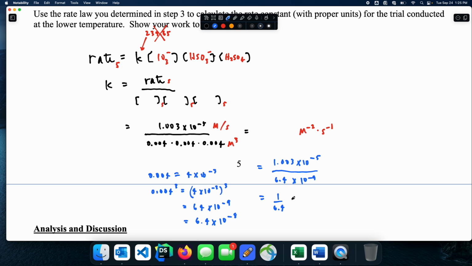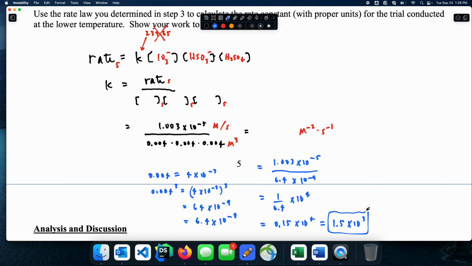Because this is going to come up top, times 10 to the 4. Well, 1 over 6 is 0.16, so 1 over 6.4 is going to be smaller. I'm going to say this is about 0.15 times 10 to the 4, which is the same thing as 1.5 times 10 to the 3, right? Okay, that's a bigger rate constant.